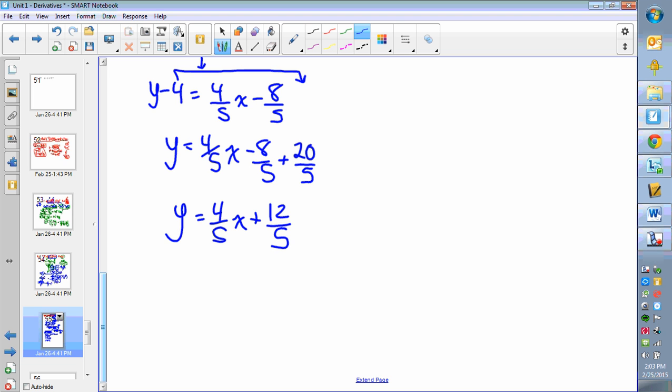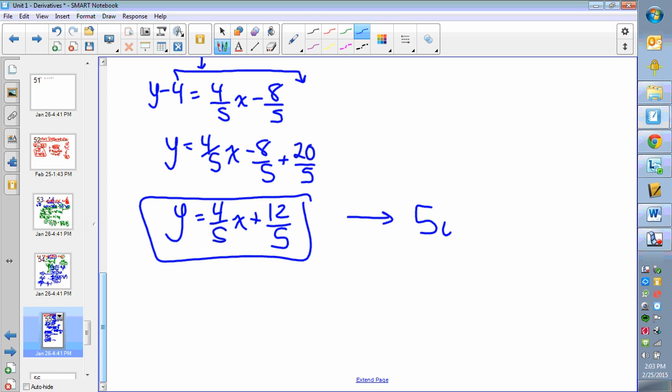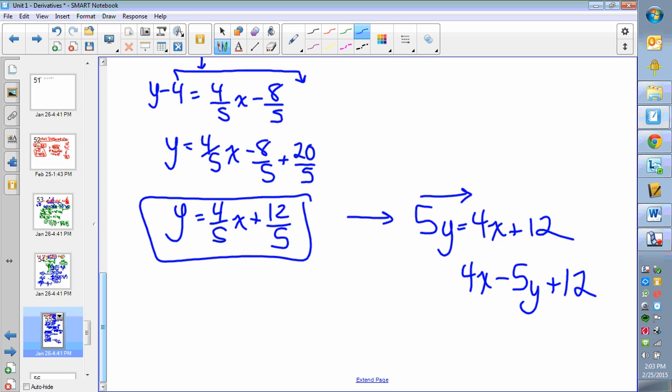Now, if you wanted to write it the other way instead, that's one answer. If you wanted to write it the other way, you'd multiply everything by 5. You'd get 5y equals 4x plus 12. And then you could take everything to that side and get 4x minus 5y plus 12 equals 0. They're both the same line, two different equations for it.